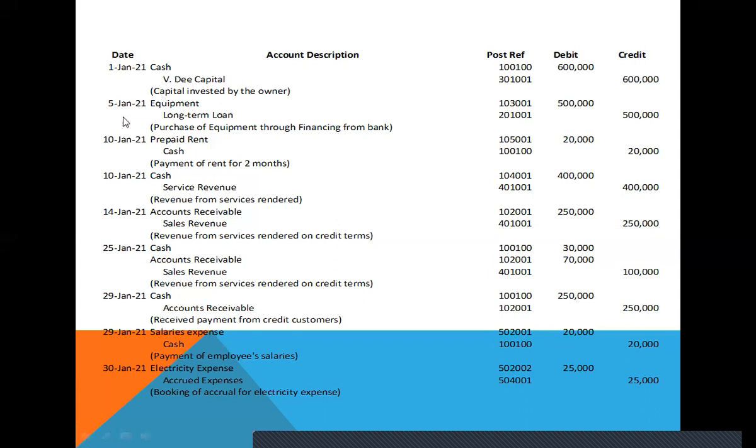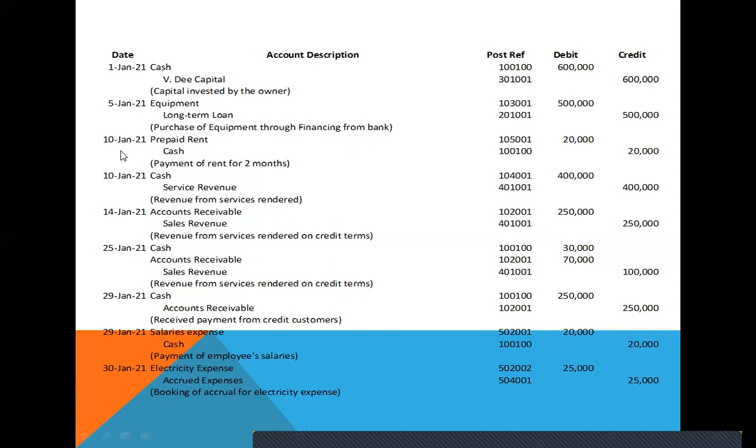On January 5th, purchase of equipment through financing from bank. Equipment is an asset, so debit 500,000 pesos. And you credit long-term loan, okay? Because it is financing from the bank, right? Credit 500,000 pesos.